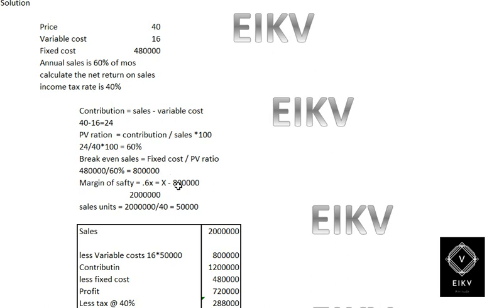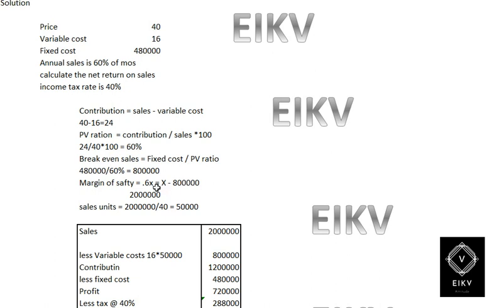So MOS, margin of safety, means the difference between sales minus break-even. The break-even sales is 8 lakh. Therefore, sales is x, so sales minus break-even point is equal to margin of safety.